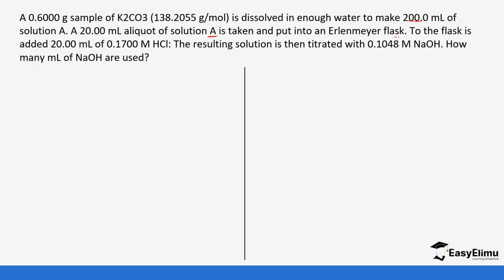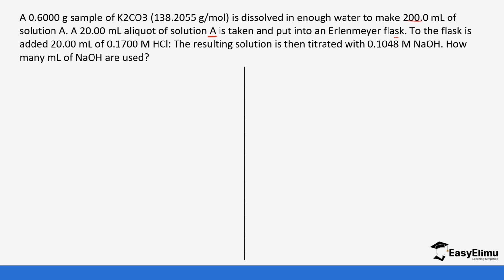To the flask is added 20 ml of 0.17 M hydrochloric acid. The resulting solution is then titrated with 0.140 molar sodium hydroxide. How many moles of sodium hydroxide were used?